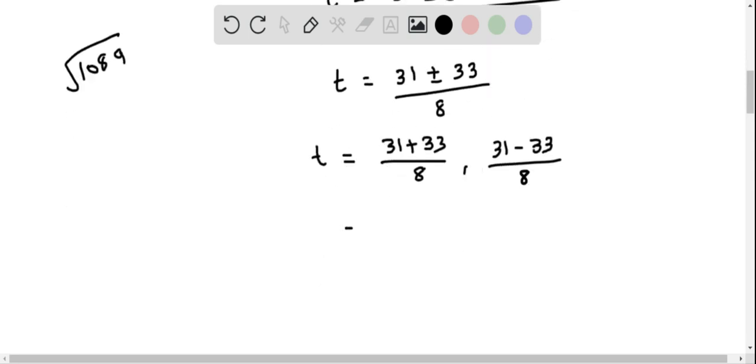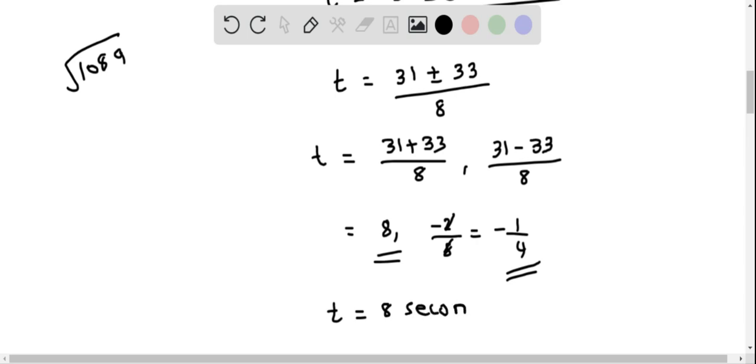When simplified, 31 plus 33 is 64, and 64 divided by 8 is 8. And 31 minus 33 is negative 2 over 8, which reduces to negative 1/4. We can ignore this value of negative 1/4 because t cannot be negative seconds. So we simply take t equal to 8. So the final value of t equals 8 seconds. We say that it takes 8 seconds for the ball to hit the ground.